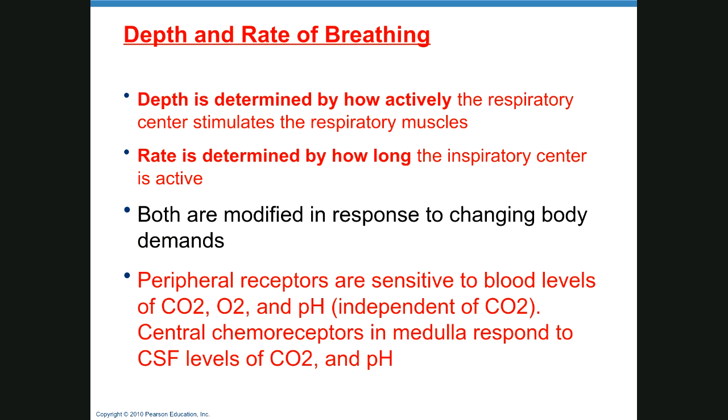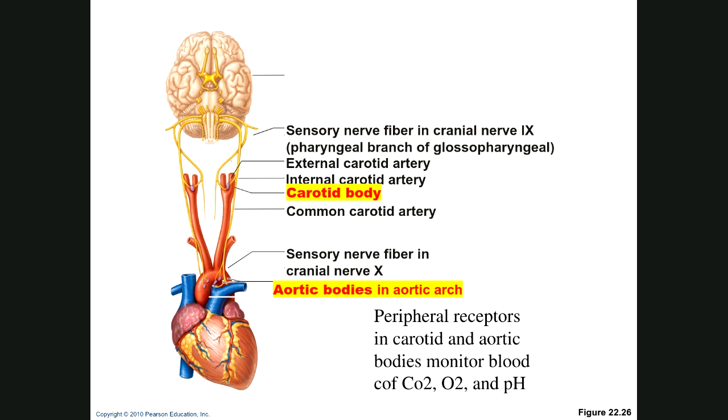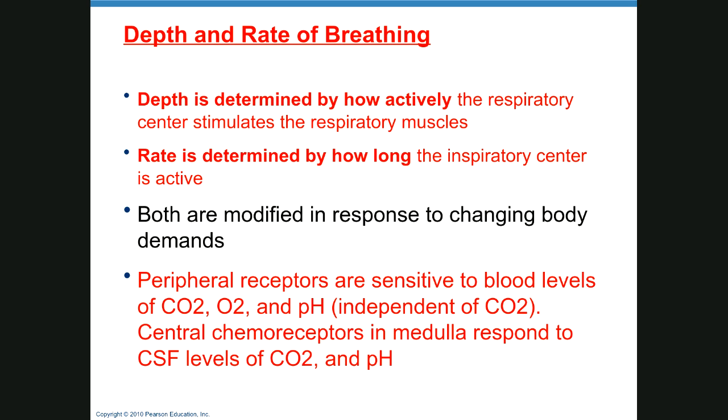Okay, so the depth of respiration is how actively the respiratory center is stimulated. The rate is how long the center is active. The receptors that are going to modify respiration are sensitive to CO2, pH, and oxygen.